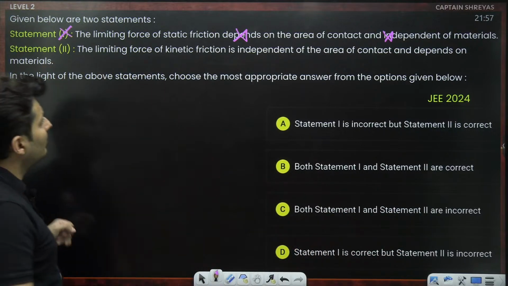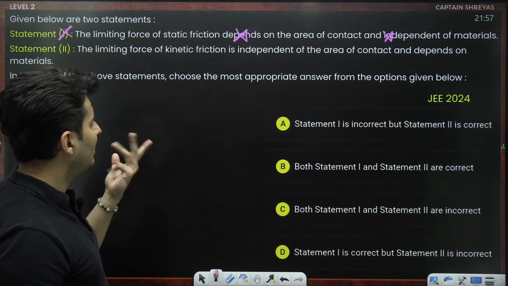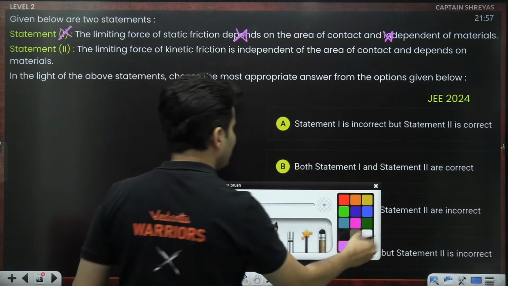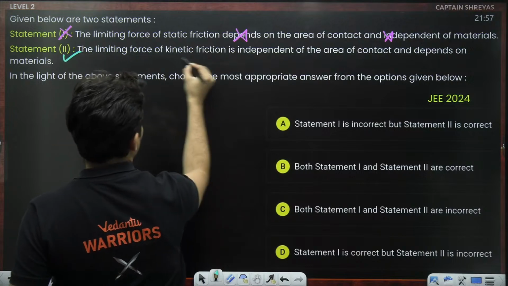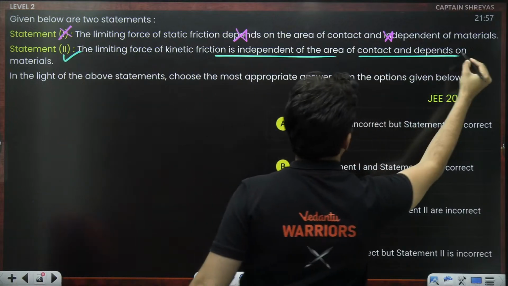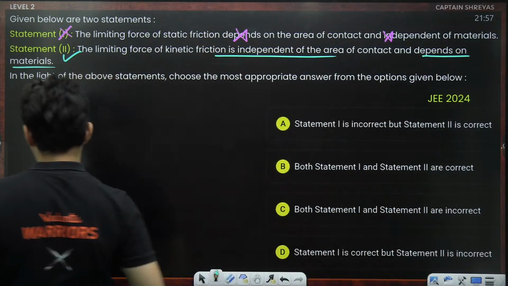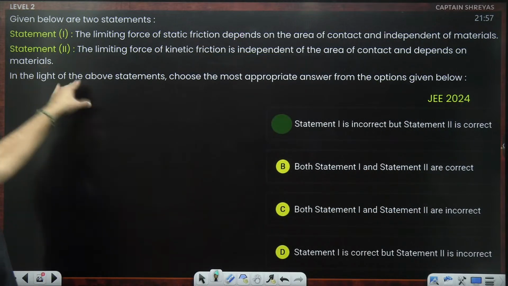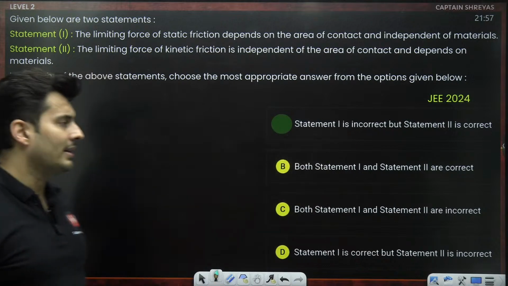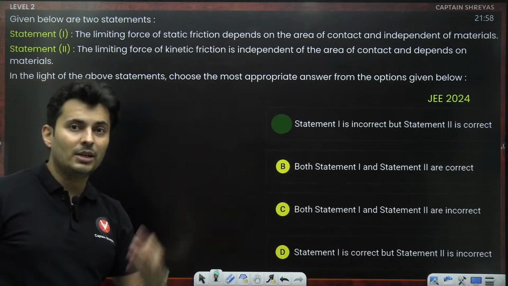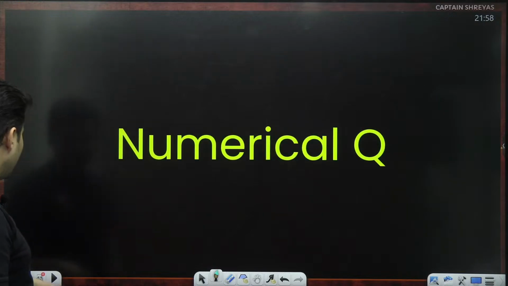What about this? Limiting force of kinetic friction is independent of the area and depends on the materials. This is definitely correct. It is independent of the area and it depends on the material. So 1 is wrong, 2 is correct. Perfect. This was asked as a statement question. Can you believe it? This is like theory.